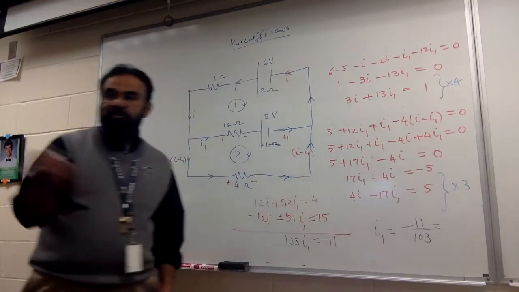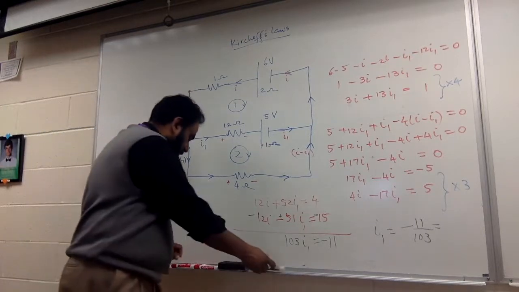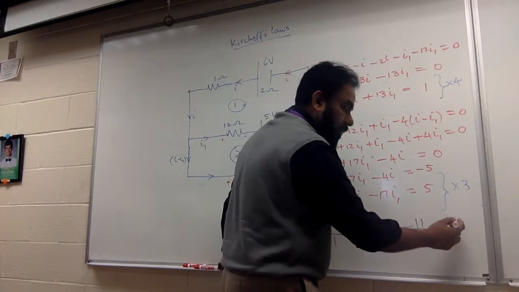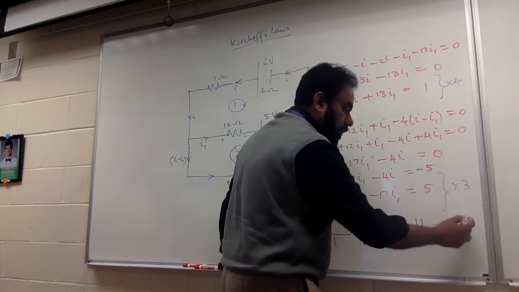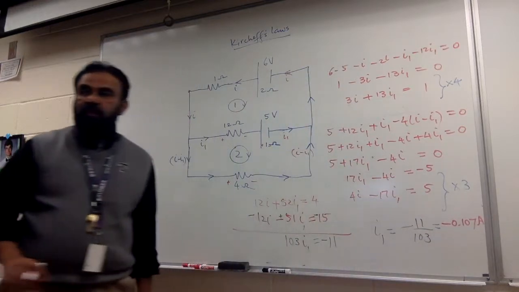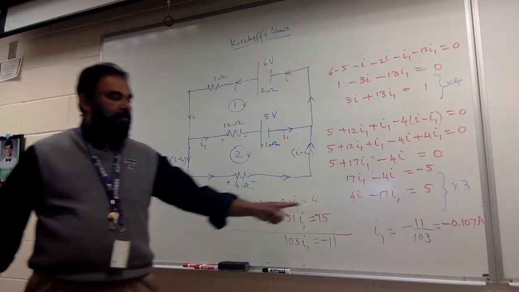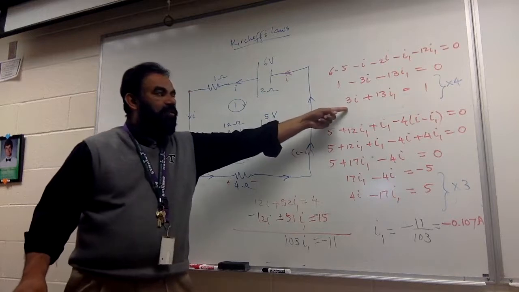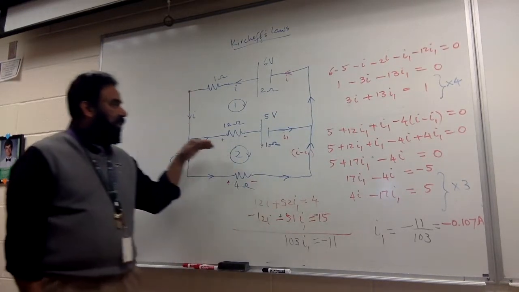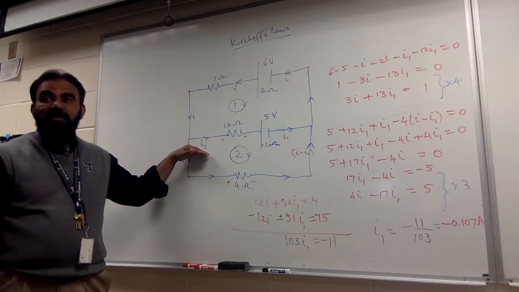You can get it in decimals. Tell me the decimal answer. Negative 0.1067. It's like 0.107. Negative 0.107. Substitute this into any of those equations and you get the other values. Now, I1 is coming out negative. What does it imply?